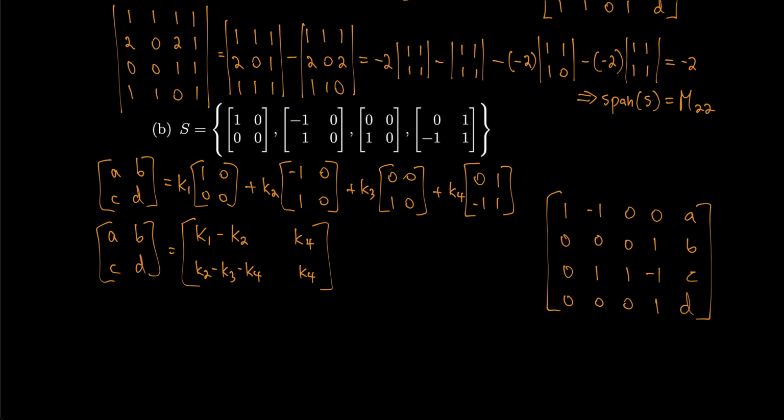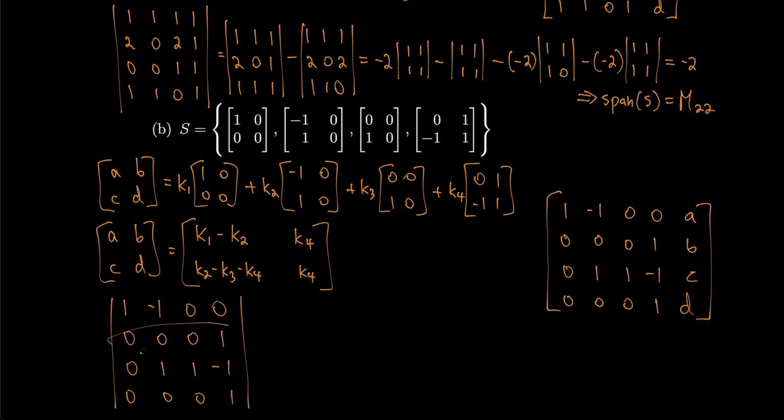So then I'll get the determinant of the coefficients. So 1, minus 1, 0, 0, 0, 0, 0, 1, 0, 1, 1, minus 1, and then 0, 0, 0, 1.